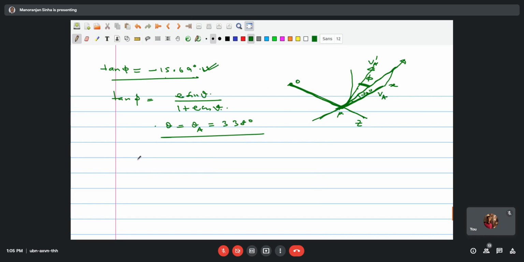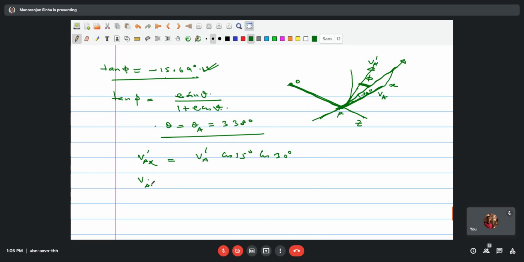Once you have this, VAX, as we have written, will be VA prime cos 15.69 degrees. Approximately, let us write this as 15 degrees, and then cos 30 degrees.